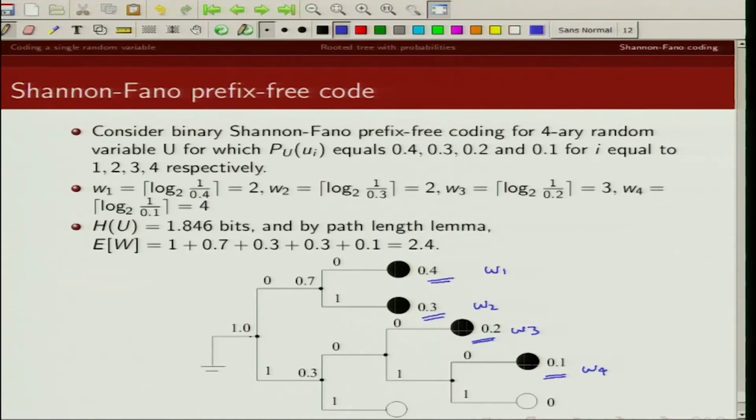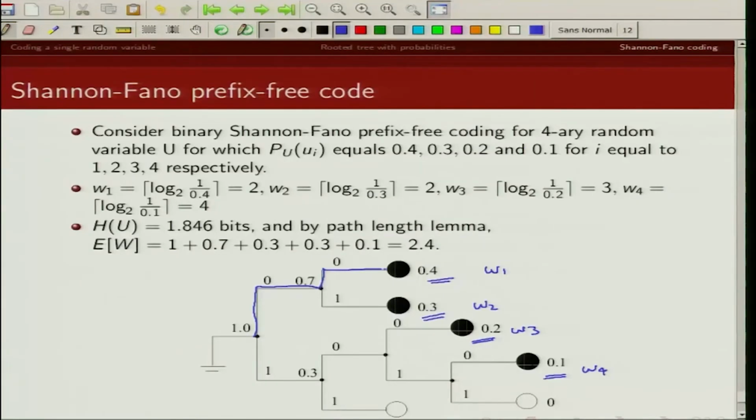We arrived at this by first creating a full D-ary tree of depth 4, and then we start pruning the tree at W1 equal to 2. So you can see the depth here is 2. What was coming out from this node, we have pruned it. Similarly W2 was 2, so we considered a node at depth 2, and then we pruned the tree beyond that. We followed the same process for W3, which is at depth 3, and similarly for W4, which is at depth 4.